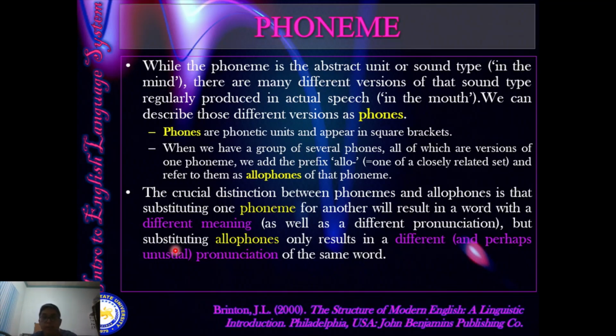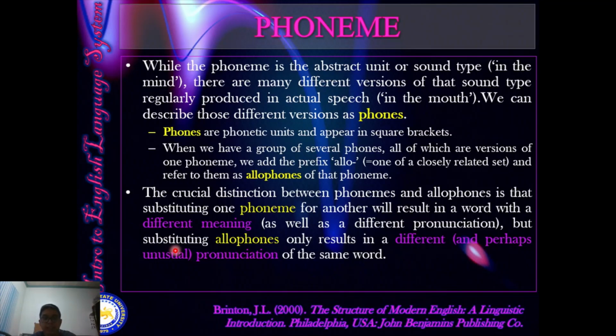Now, the crucial distinction between phonemes and allophones is this, class. Substituting one phoneme for another will result in a word with a different meaning, as well as a different pronunciation, of course, but substituting allophones only results in, take note of this, a different and perhaps unusual pronunciation of the same word.